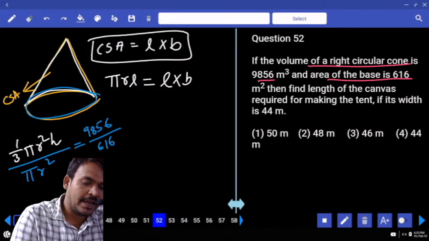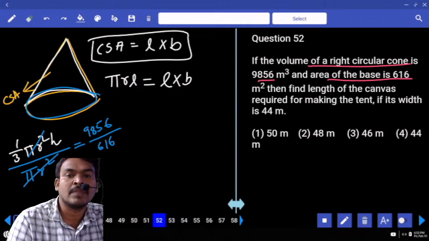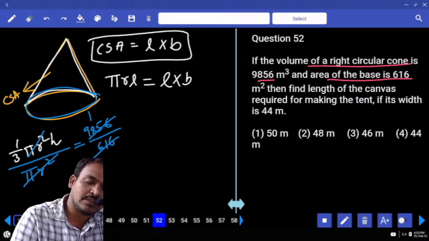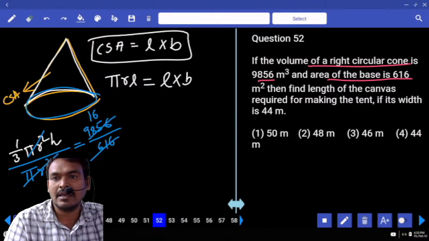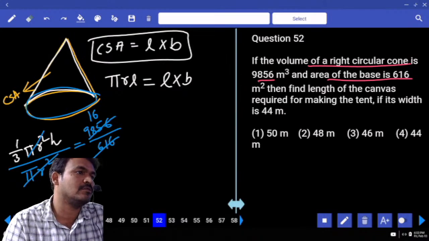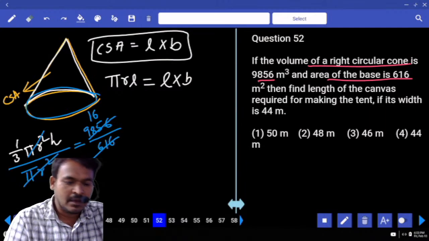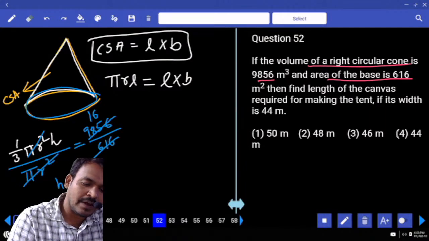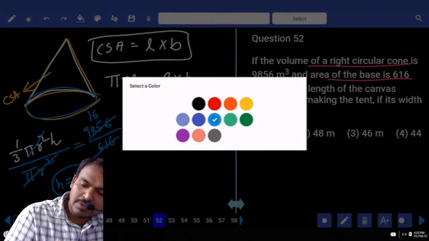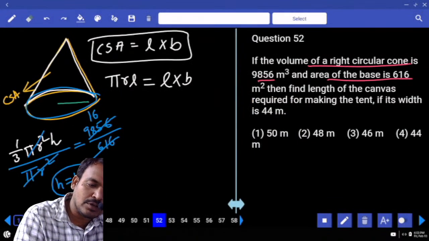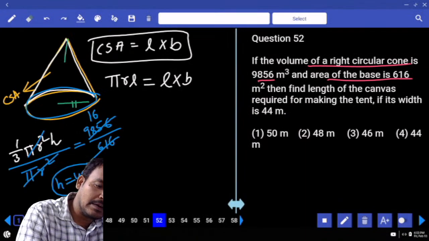Pi r square cancels. 9856 by 616 is directly 16 times, because 6 into 16 is 96, close to 16 times. Then h by 3 equals 16, so h equals how much value? 48. Means height of the cone is how much? 48.